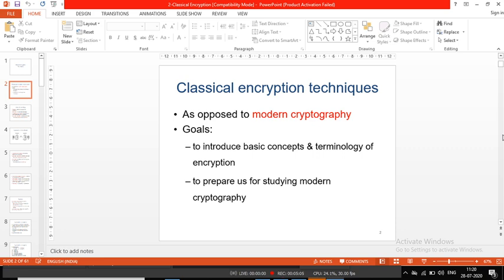For example, your name is the plain text and you want to encrypt your name. In the substitution technique, every letter in your name will be substituted by other letters which are not in your name. Clear? That is called substitution.